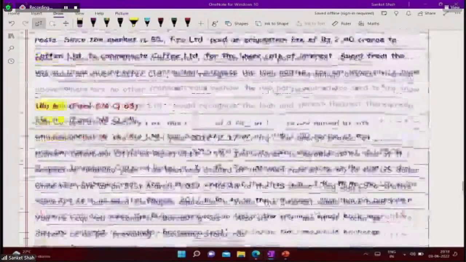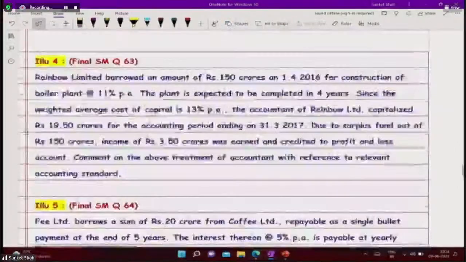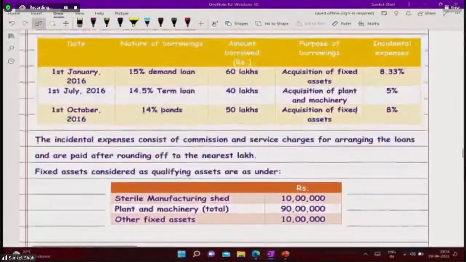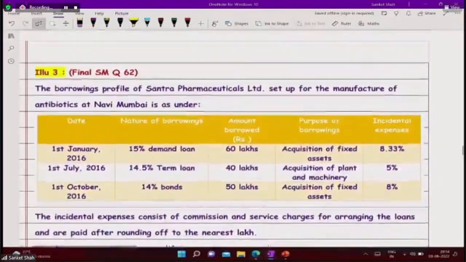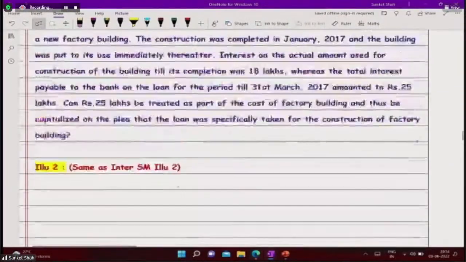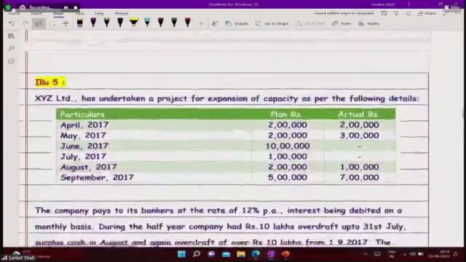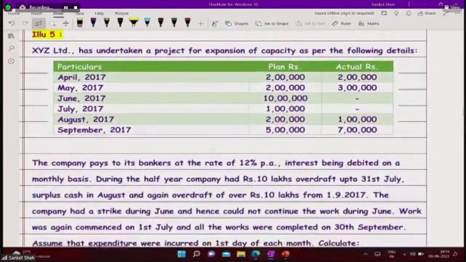One second, before this, solve this one first. Opening cost. Solve this question. This is the last question of the day.